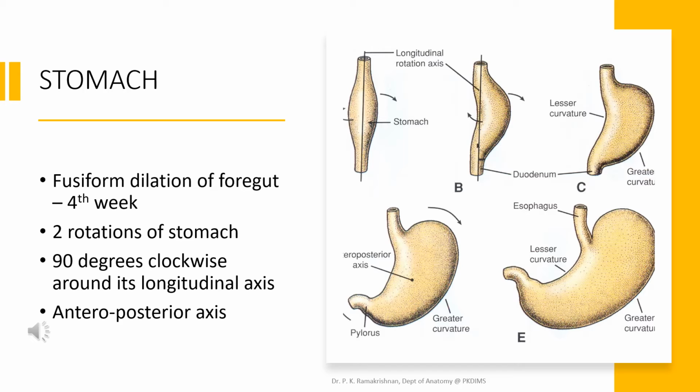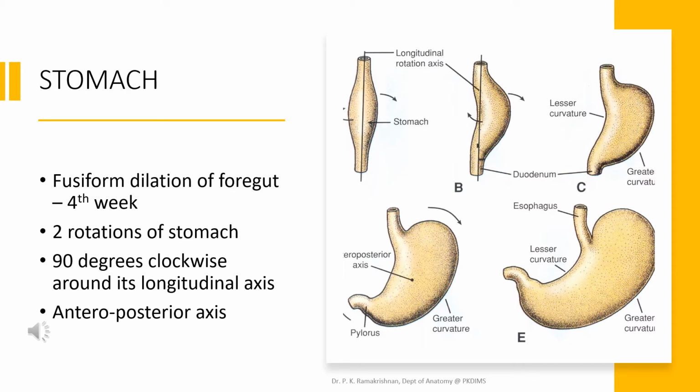Hence, the left vagus nerve, initially innervating the left side of the stomach, now innervates the anterior wall. Similarly, the right vagus nerve, which originally innervated the right side, now innervates the posterior wall.